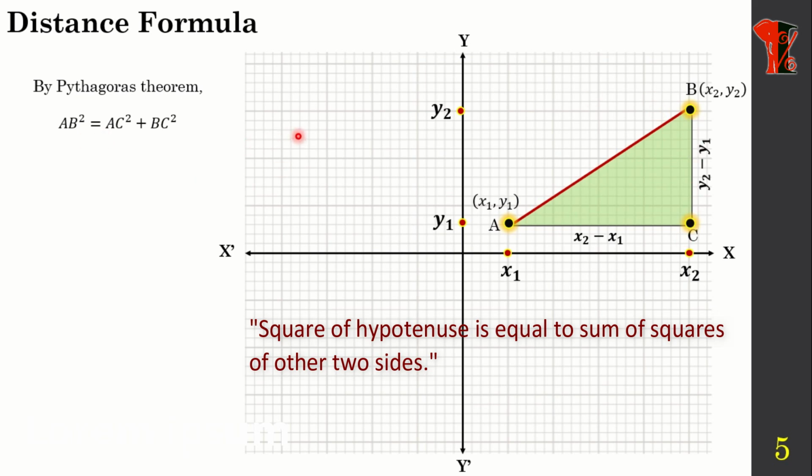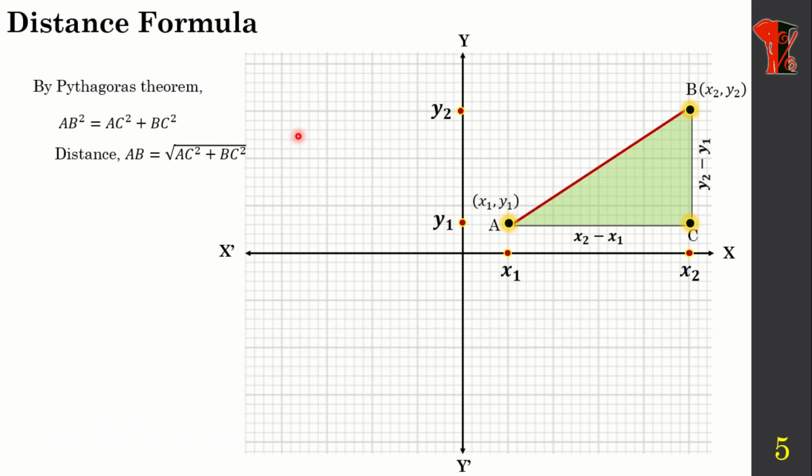So the distance AB will be the square root of AC square plus BC square. If you convert it completely into coordinates, you get: x2 minus x1 whole square plus y2 minus y1 whole square. You can see x2 minus x1 whole square is nothing but AC square, and y2 minus y1 whole square is BC square. So this is the distance formula.